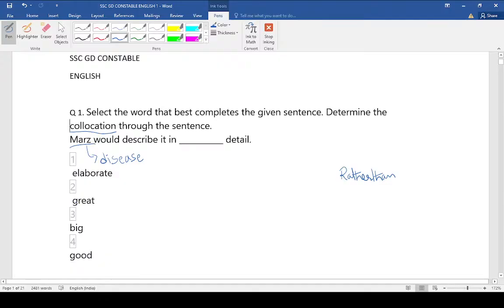What option can we select? Please, everyone, give me a response. So the answer is great.